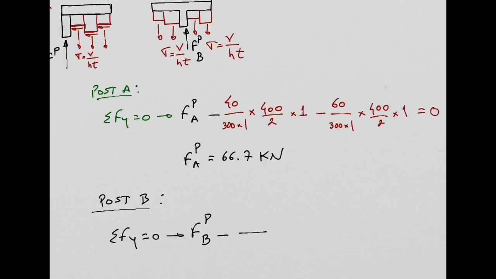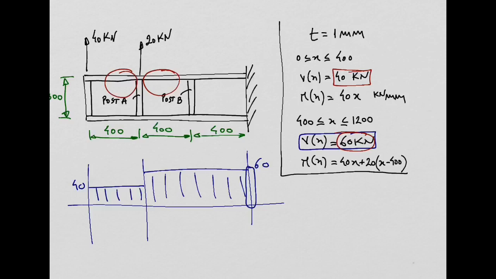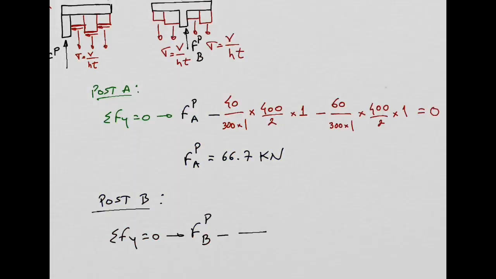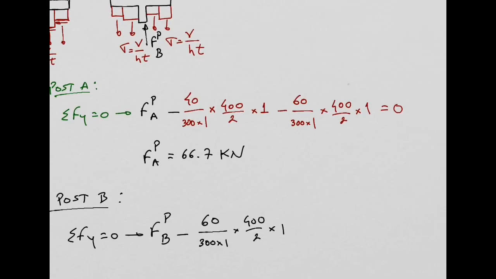Now, for post B, the transverse shear force on the left and the right side of post B are equal to 60 kilonewtons. So we'll have 60 kilonewtons here over 300 times 1 times 400 over 2 times 1. This is the same. But now here again, minus 60 times 1 times 4.